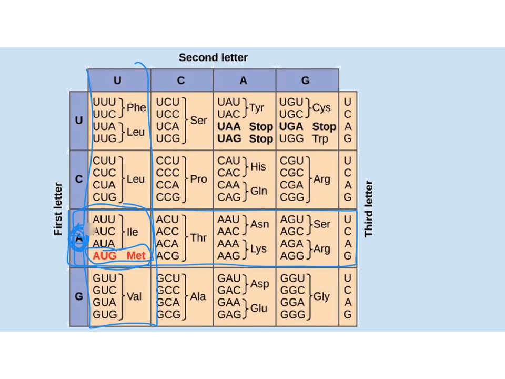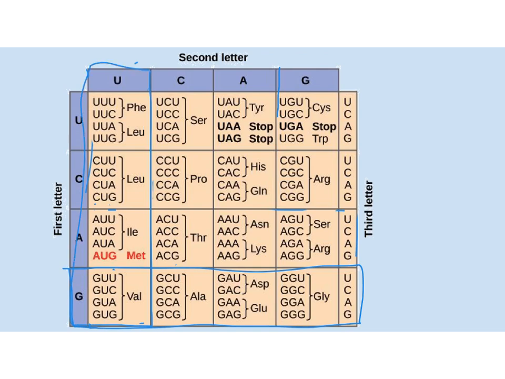Let me just erase what I had done before. And I said it was GUA. So my first letter is G, so I'm in this row. My second letter is U. And so GUA is right here.